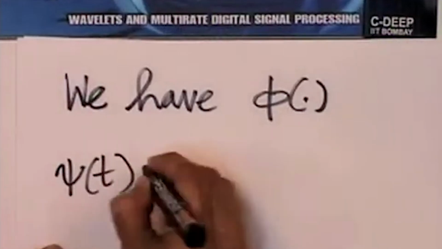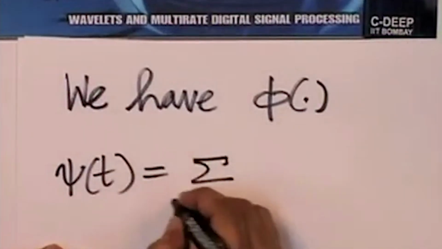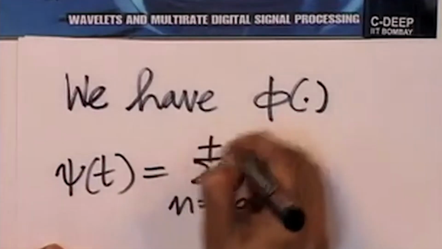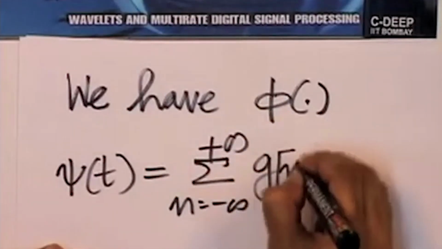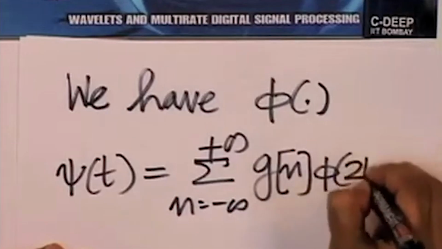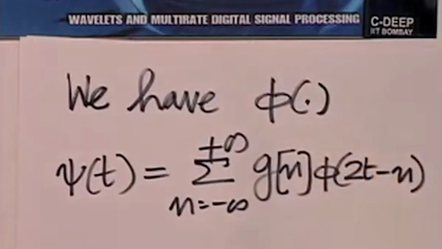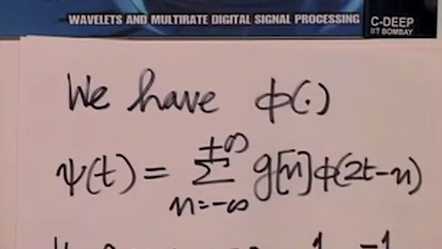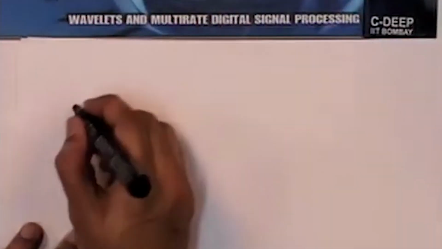Psi t is essentially summation n going from minus to plus infinity g n phi of 2 t minus n. And for the Haar case, we know what g n is. G n is essentially 1 and minus 1. So, we can write down psi t in terms of phi t and construct from there.